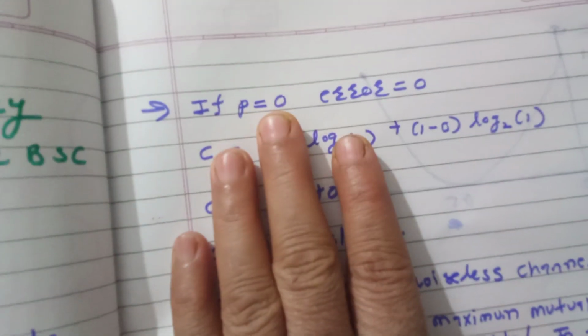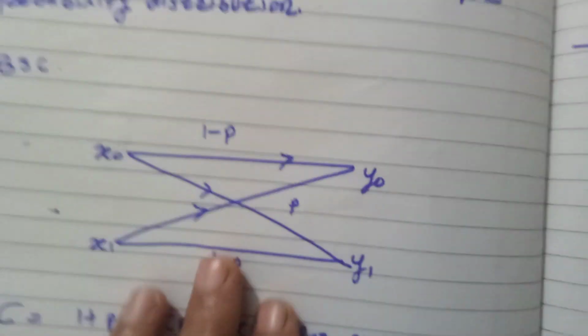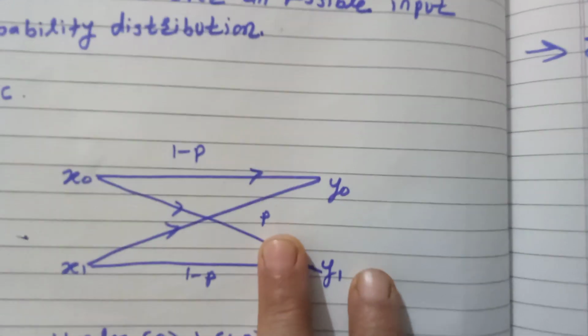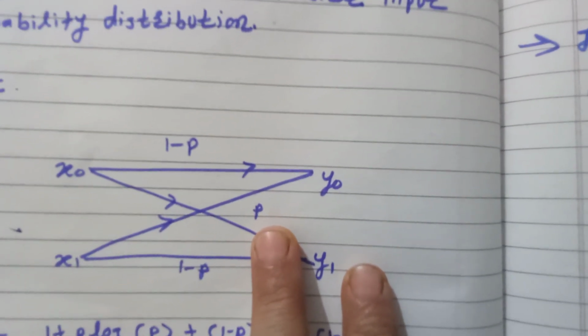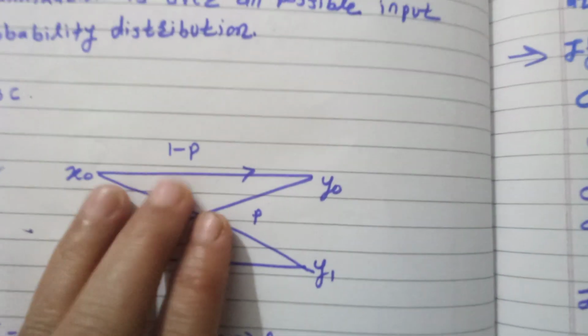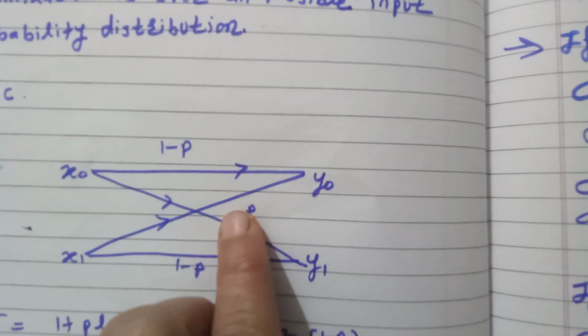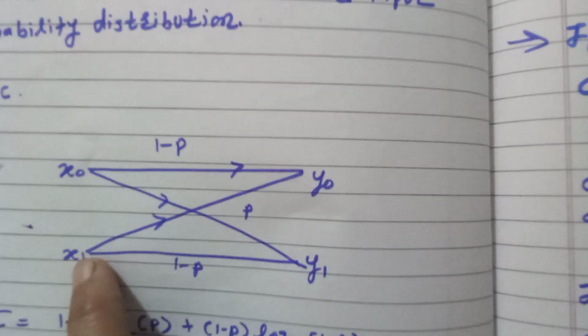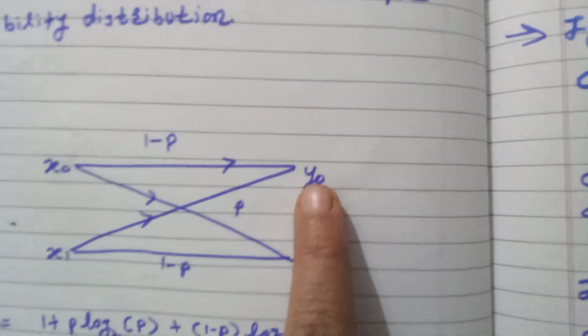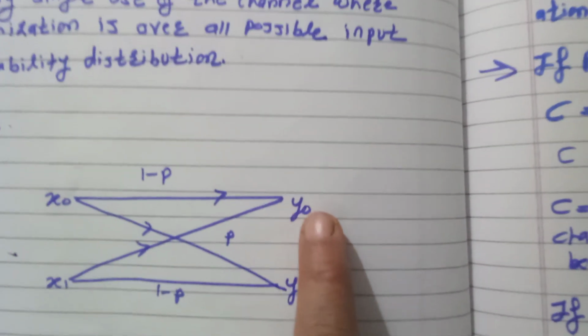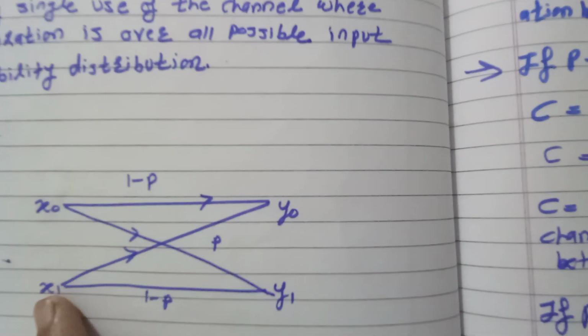So if P equal to 0, that means error is equal to 0. This probability, that means probability of getting incorrect reception, is 0. You will not get y0 if you have transmitted x1.